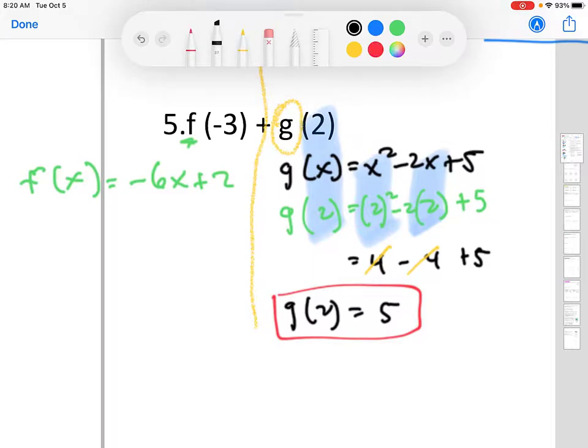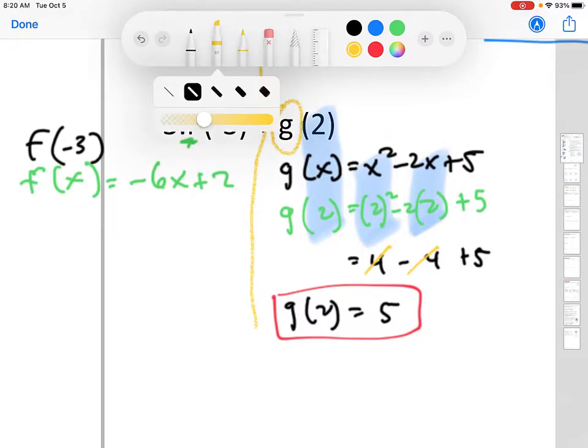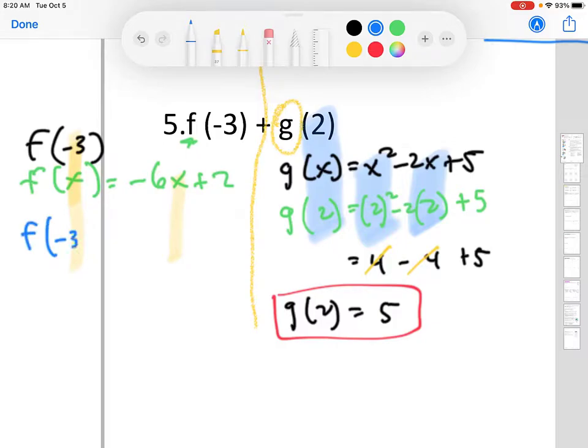And then over here, we're going to do the same thing. Okay, now, if you get confused, you can just write above it f of negative 3. So that means every x value here is going to be negative 3. Every time I see x, I'm going to write negative 3.